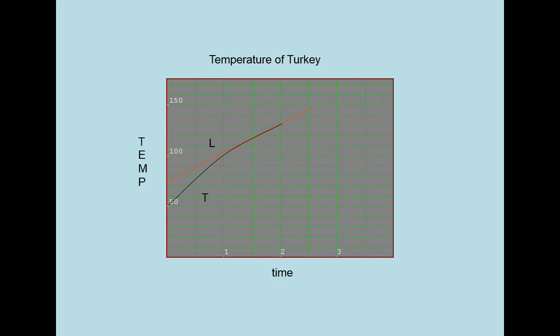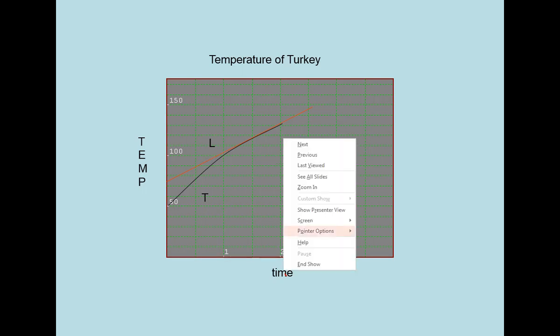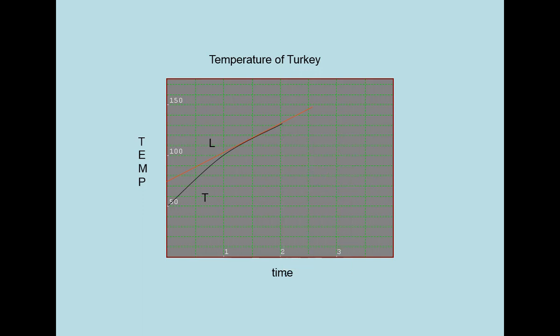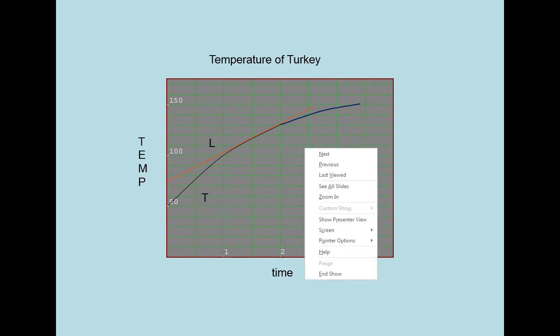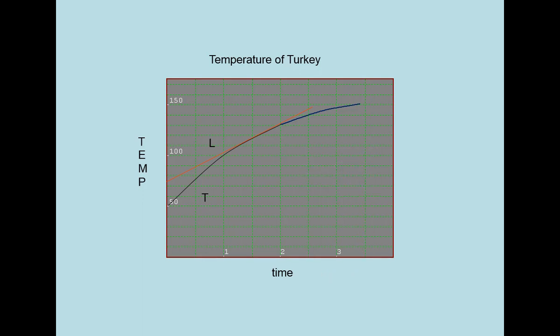And if we drew the curve on here, we can see that we were using the equation of this line here to estimate when t equals 3. We were using the equation of the tangent line to estimate the actual temperature of the turkey.